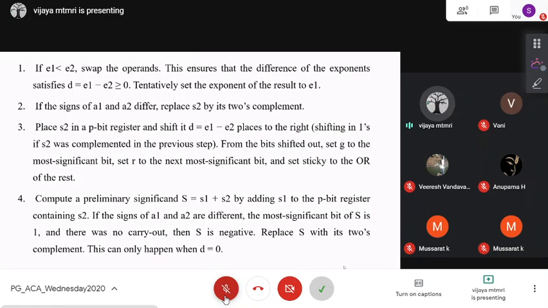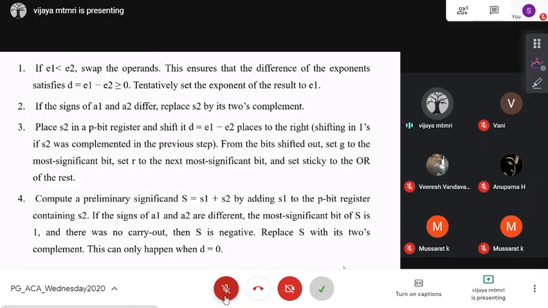If the signs of A1 and A2 are different, replace S2 by its 2's complement. Place S2 in a p bit register and shift it D = E1 minus E2 places to the right. From the shifted out bits, set G to the most significant bit, set R to the next most significant bit, and set sticky to the OR of the rest.